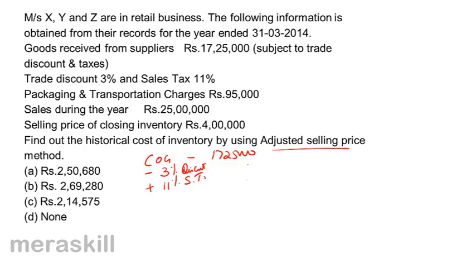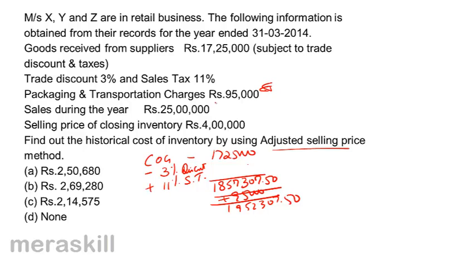The total cost of goods comes to 18,57,307.50. Plus, there is another packing and transportation charge of 95,000, giving us 19,52,307.50.